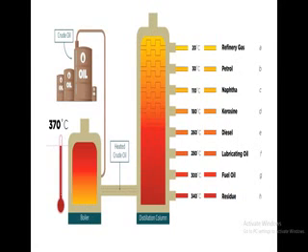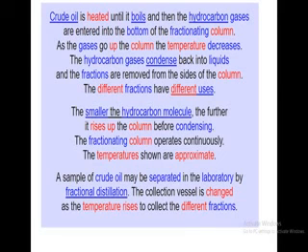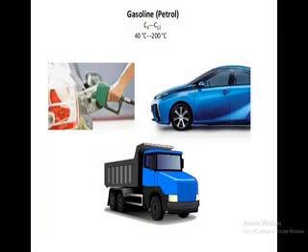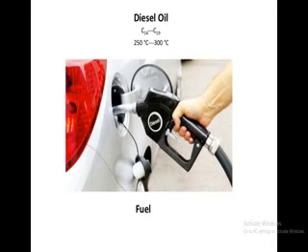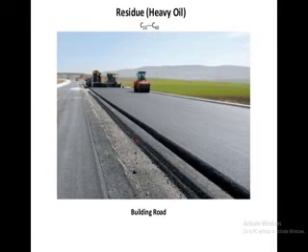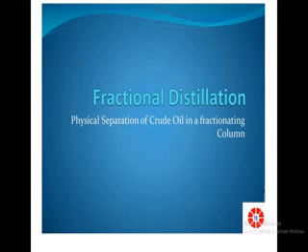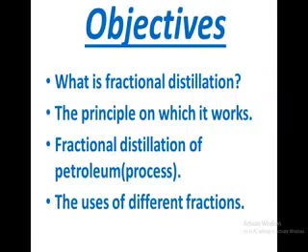Then how to separate different fractions of petroleum. Then the past paper question and answers, and how to write the best answer as per the marking scheme. And then the different names of the fractions along with their boiling points and uses. I included these slides for your remembrance of where we can use them. I hope this is going to help you in solving past paper questions.